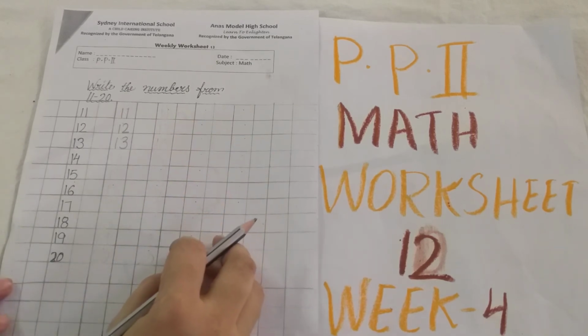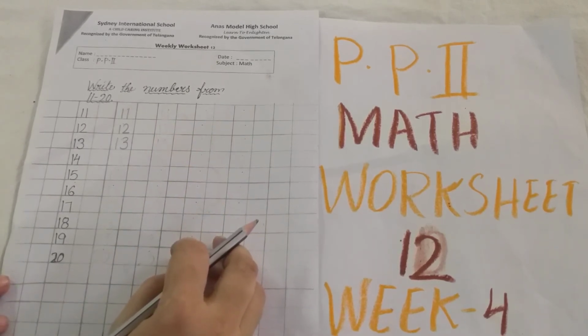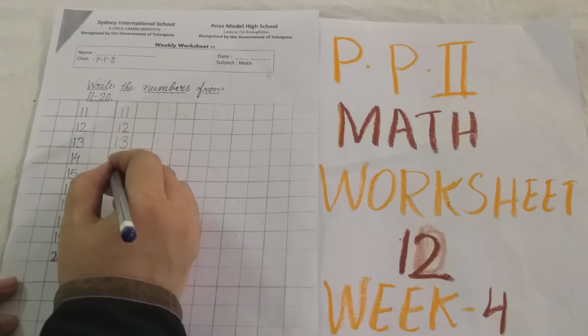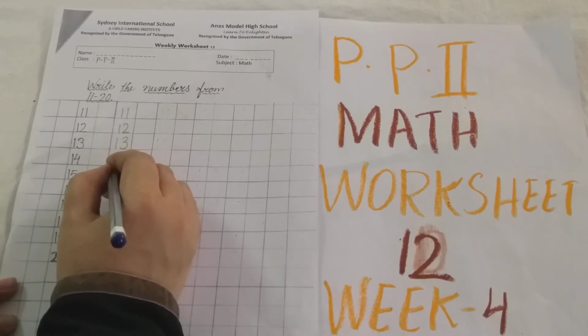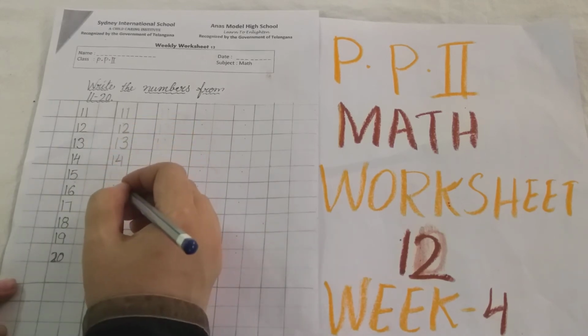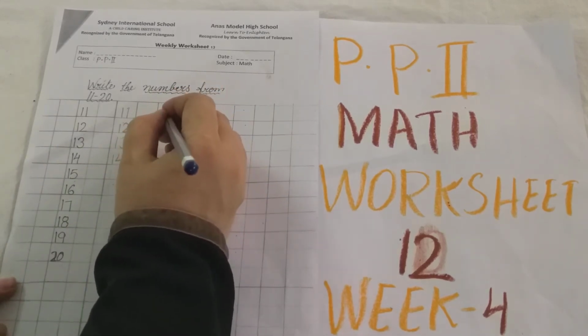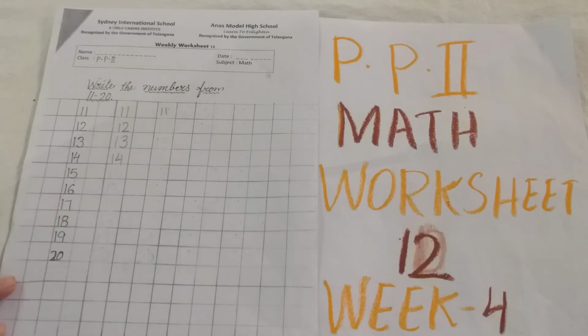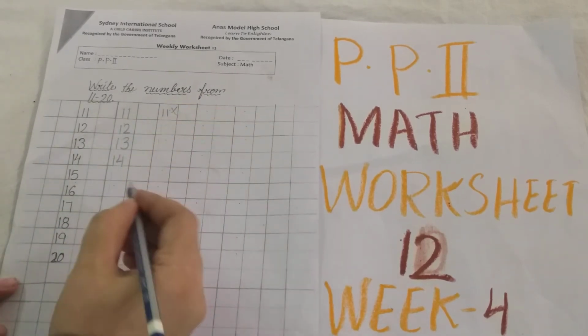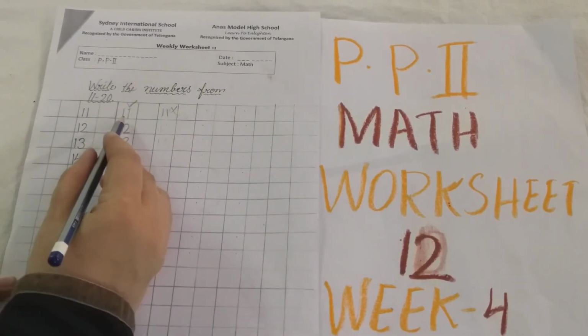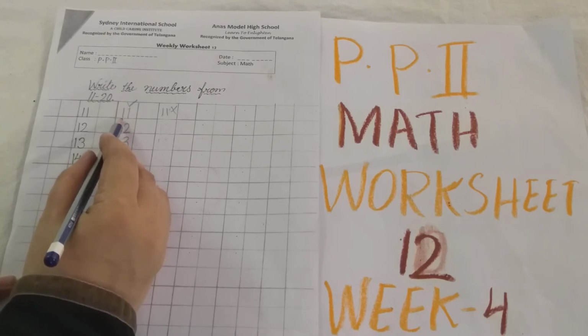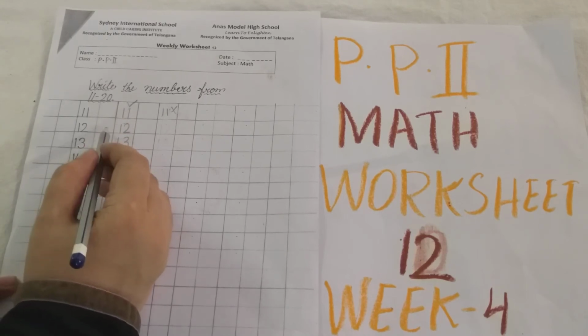So you should not write like that, okay? Touch the line and write properly. 1, 4, 14. See how I am writing? I am not writing in the middle of the box. Like this I am writing. No, this is wrong. Like this you have to write. 1, 1, 11. Touch the line and write properly. Write both the numbers equally, okay?